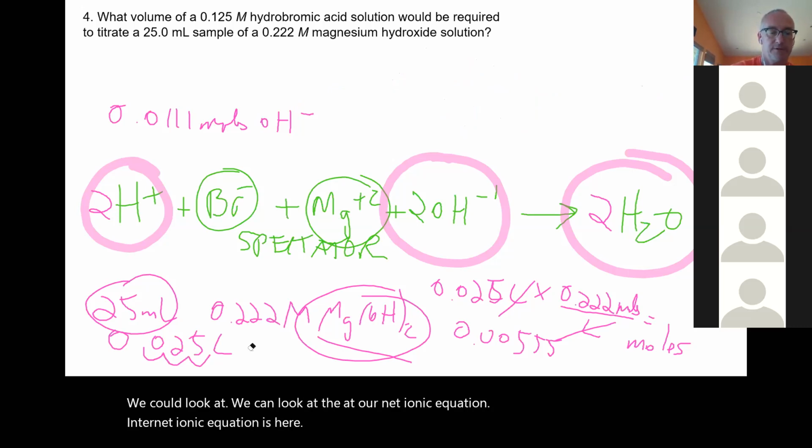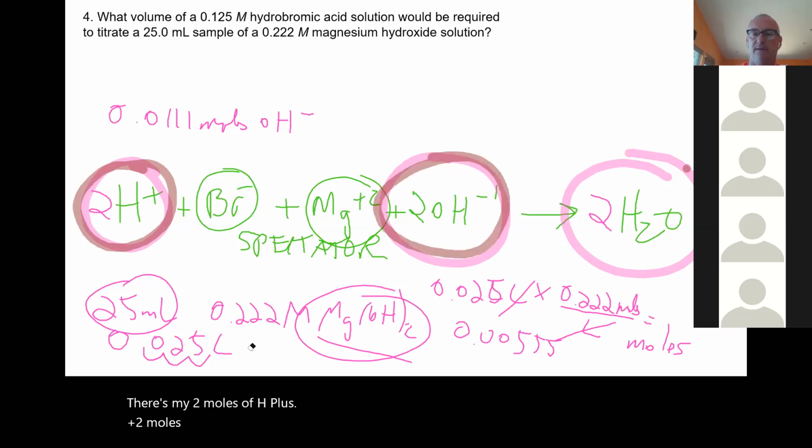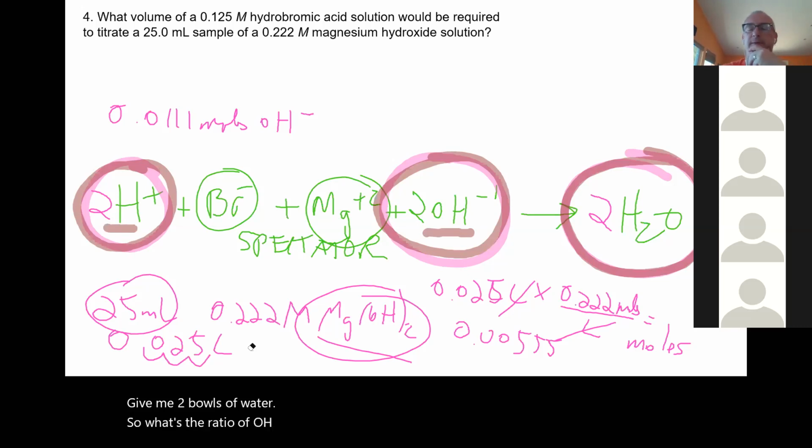There's my 2 moles of H plus, 2 moles of OH minus give me 2 moles of water. So what's the ratio of OH minus to H plus?